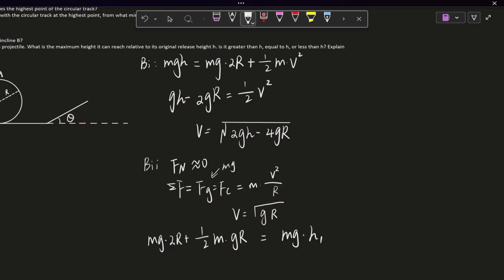So for solving h1, we can easily see that mg can be canceled out. So h1 is equal to 2.5r. This is the minimum height you must drop the object from, or the object will not remain in contact with the top of the circular track.